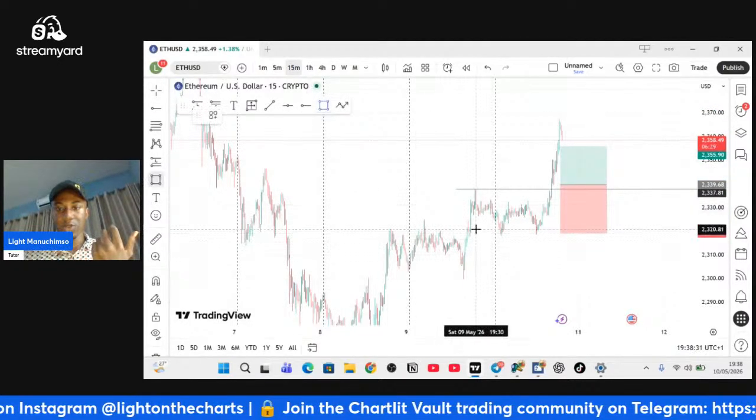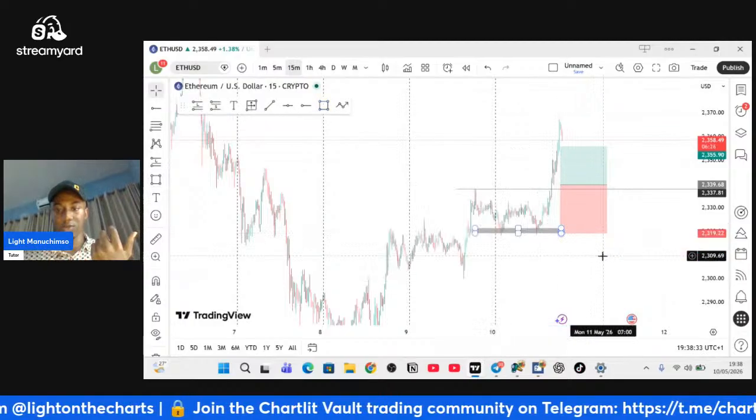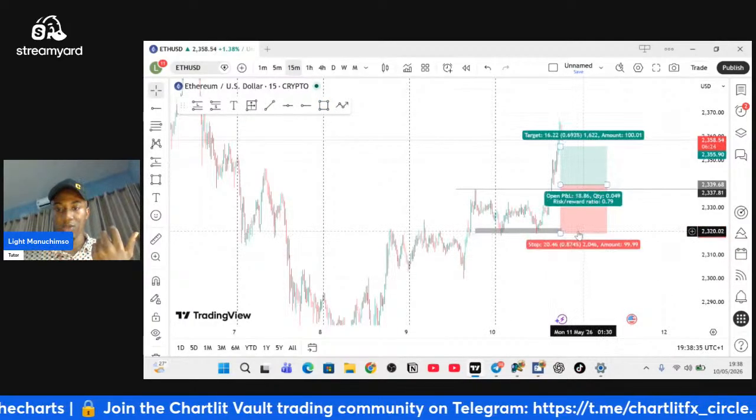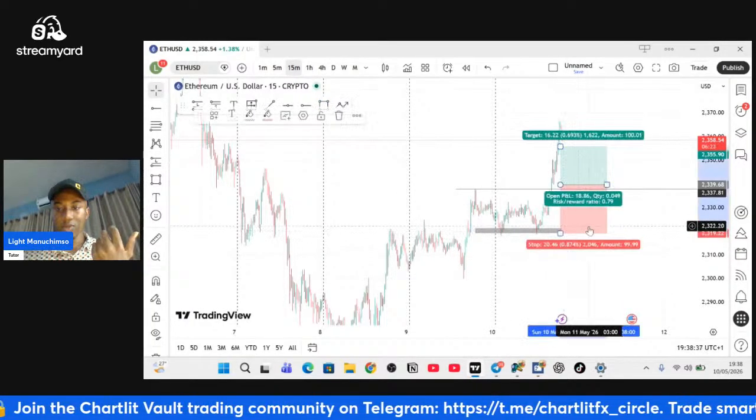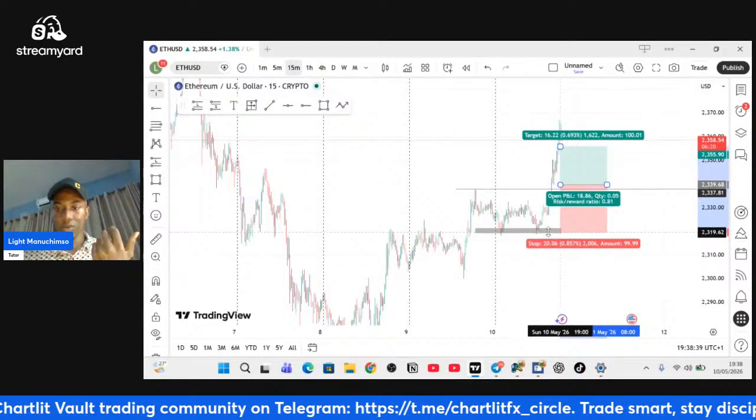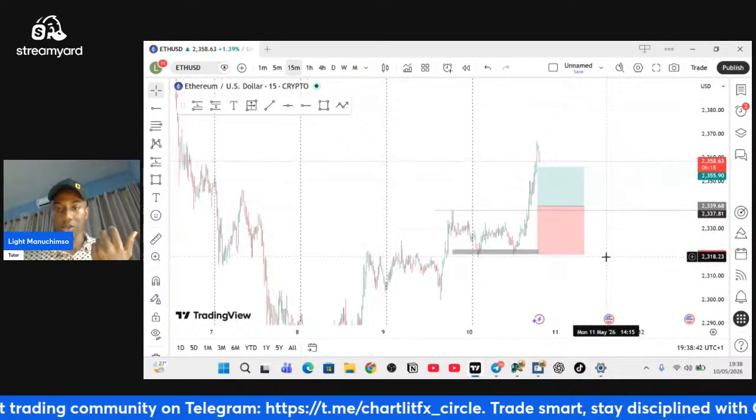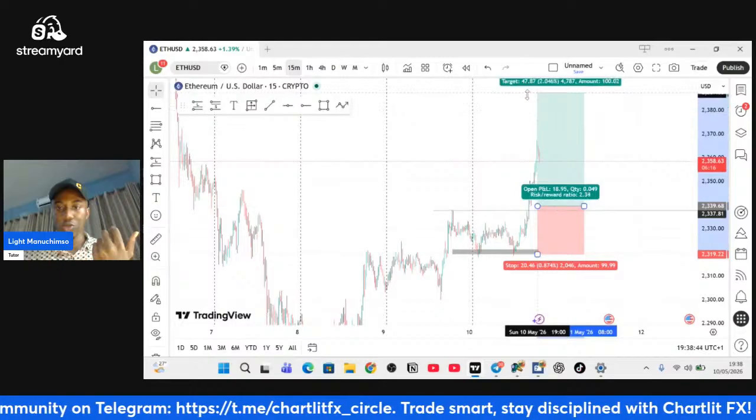You can see price go here, rejected, pushed up. So this is where my stop loss will be, somewhere around here, and I'll target 1 to 2.